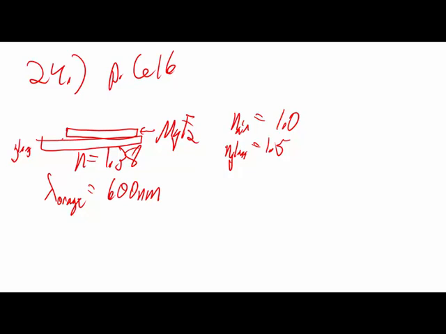So we know according to equation 17.14, we know that the lambda, the wavelength, is equal to 2nt over m, all right?